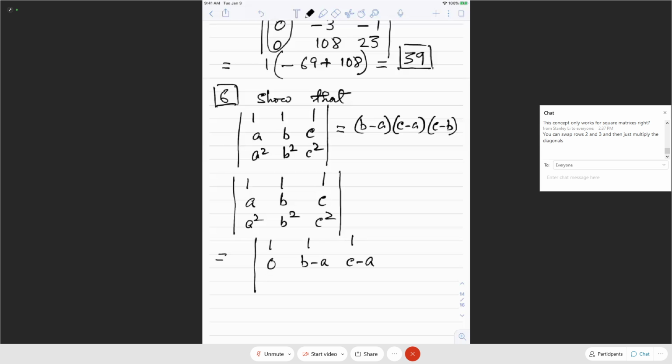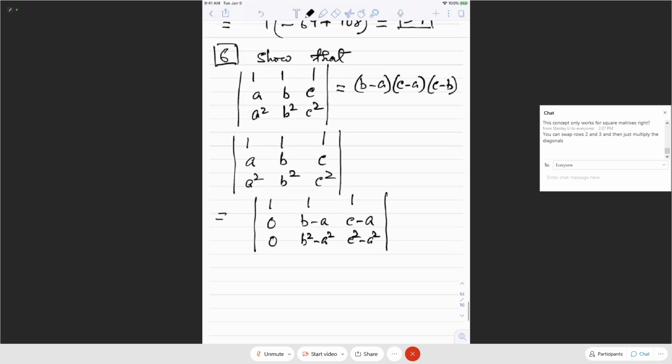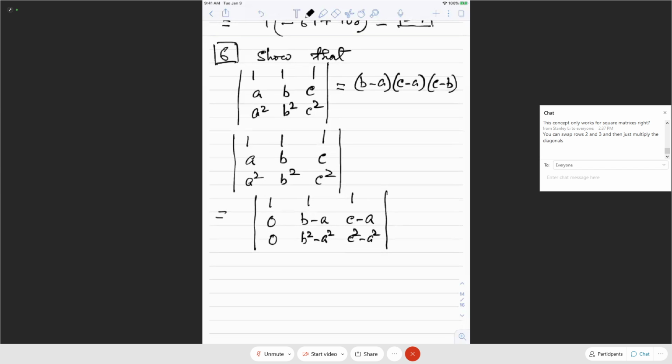Multiply the first row by minus A squared and add it to the third row. And now you are done because I'm going to expand along this column.